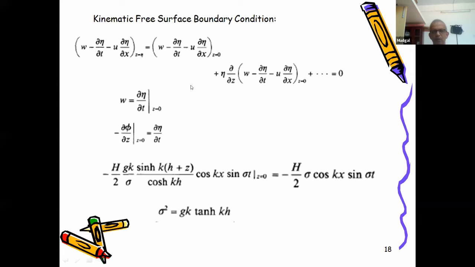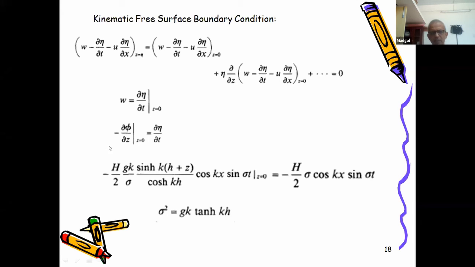So when you look at this, at z equal to 0, this w remains, and you simply get w equal to del eta by del t. And w is nothing but minus del phi by del z.